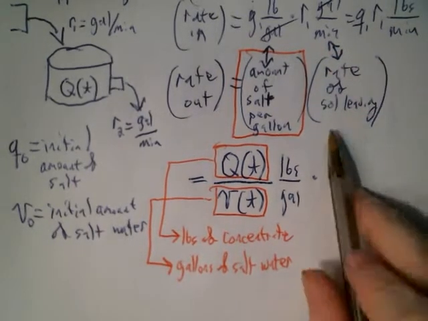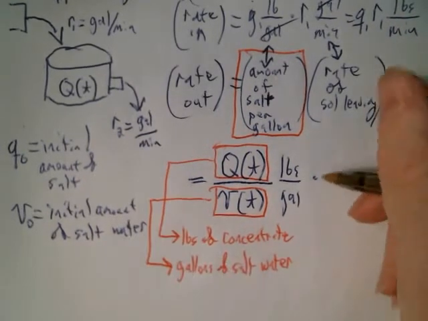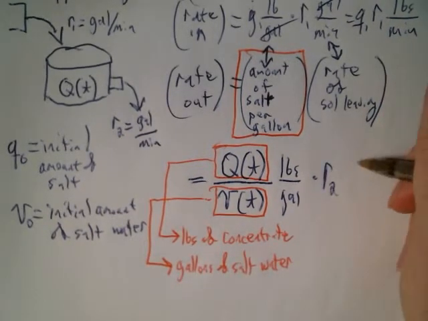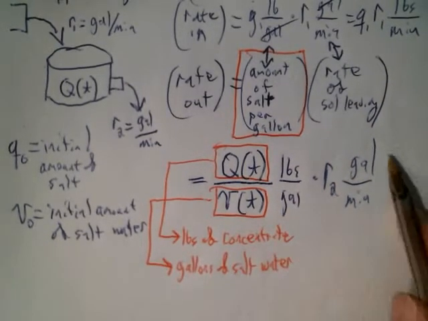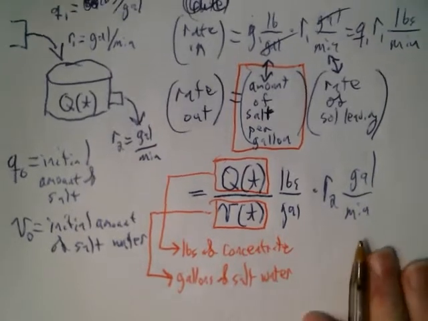Then we multiply by R2, gallons per minute, the cancellation happens, and I get pounds per minute, which is what I'm after.